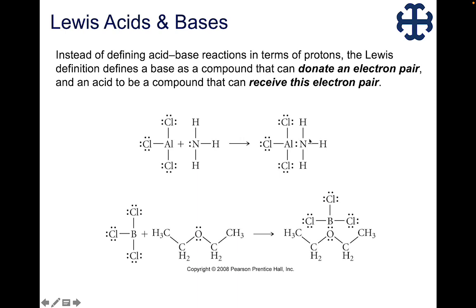And when they come together, they just form what we would call a Lewis acid-base complex. Okay? Another example of this, we have boron trichloride, BCl3. This is a molecule called diethyl ether that has a lone pair that can donate into our boron orbital here, and again form this Lewis acid-base complex.